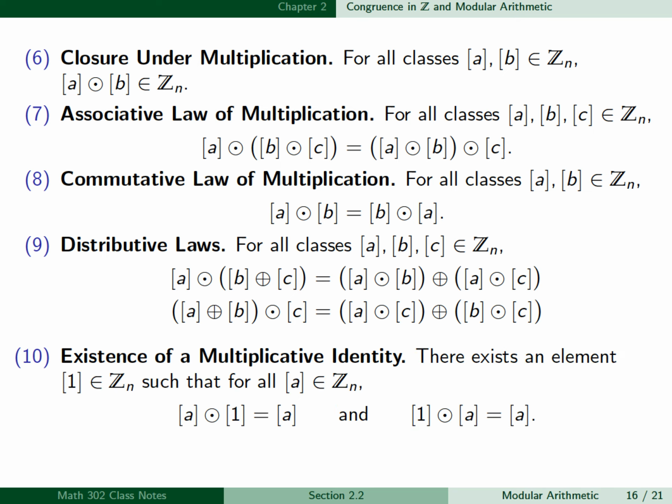There exists an element 1 in Z sub n such that for all A in Z sub n, A times 1 is A and 1 times A is A. Okay, so we're not including the zero factor property in the theorem since we've seen that that does not necessarily hold in Z sub n.